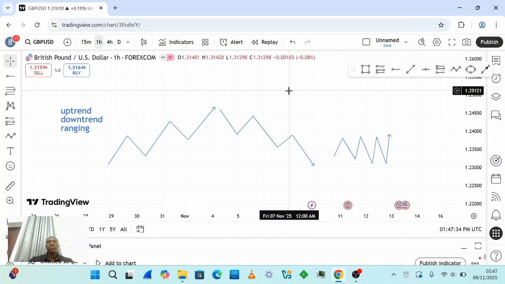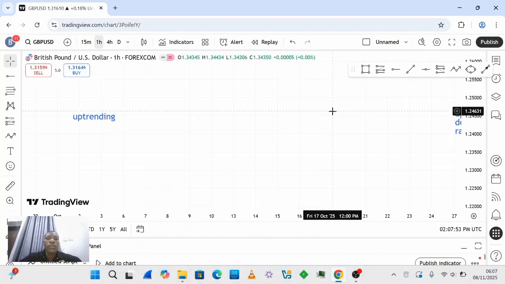So now, how do you trade this market? For you to even be able to press a buy or sell in the market, first of all, you must know which way the market is going. You must ask yourself, is it going up or is it coming down? And how would you know?